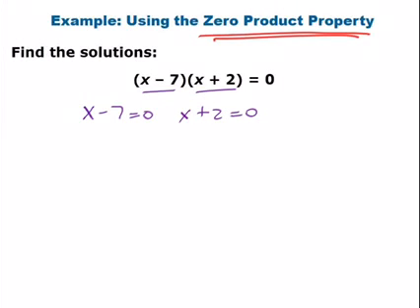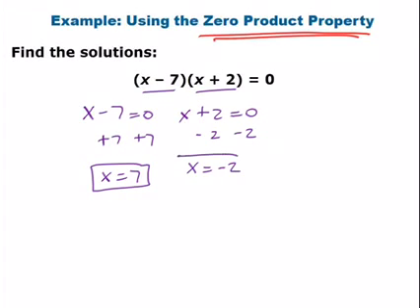So on the left, we're going to solve by adding 7 to both sides, and one of your answers is just a positive 7. In the other equation, we'll subtract 2 from each side, and we get x equals negative 2. So our answers here are x equals 7 and x equals negative 2.